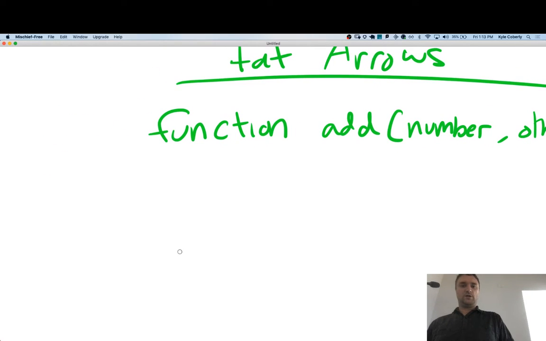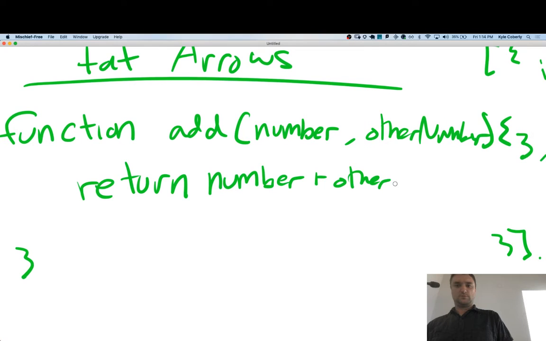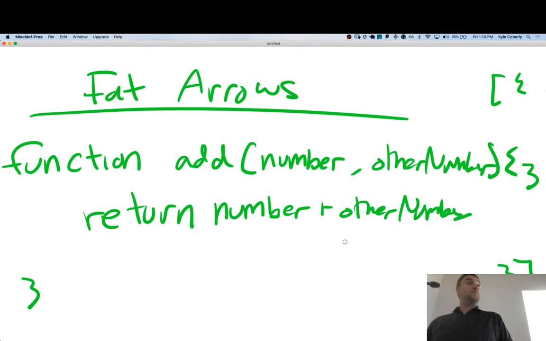We give it a curly brace, and we return number plus other number. Okay, that's a function. We did that in the pre-work. We've seen this all over the place.